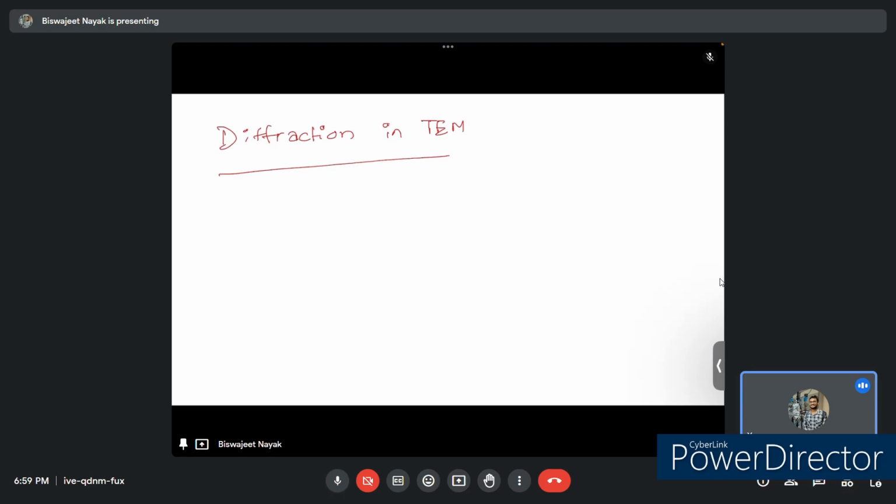So the main aim is to perform imaging using diffraction contrast. And how does diffraction contrast help?